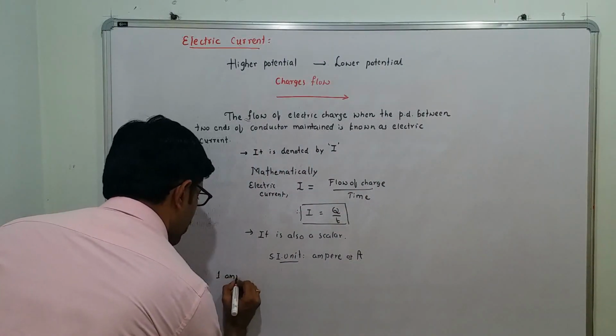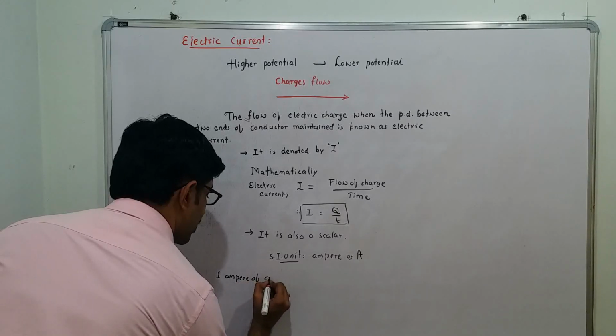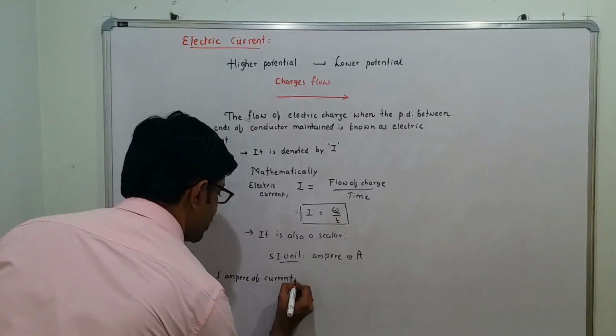Let's define 1 ampere of electric current, or simply current.